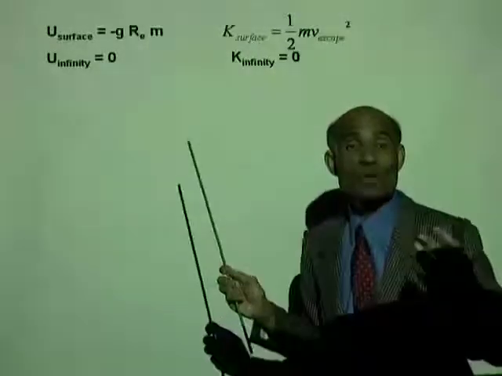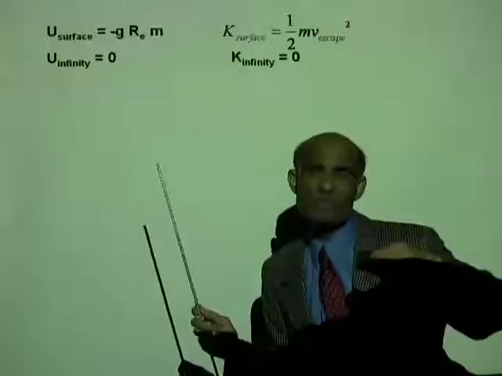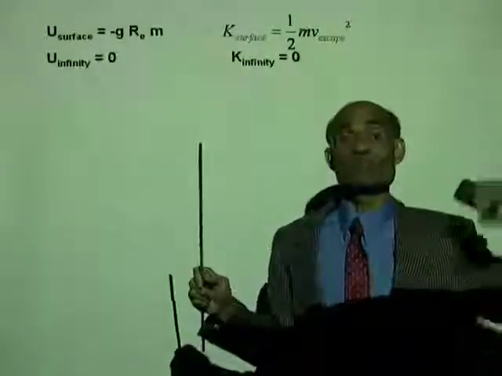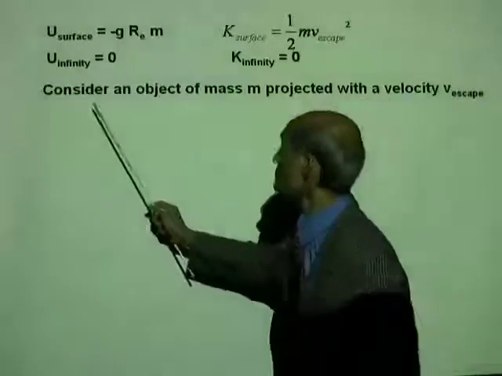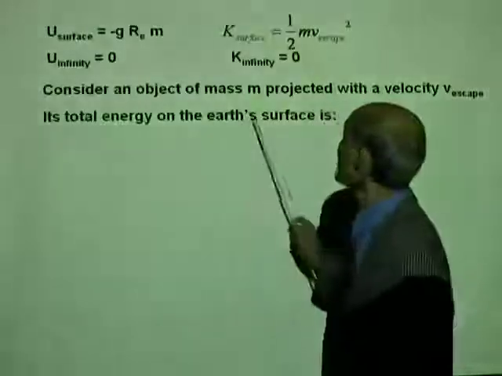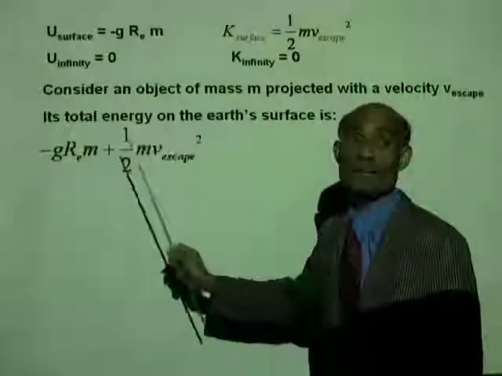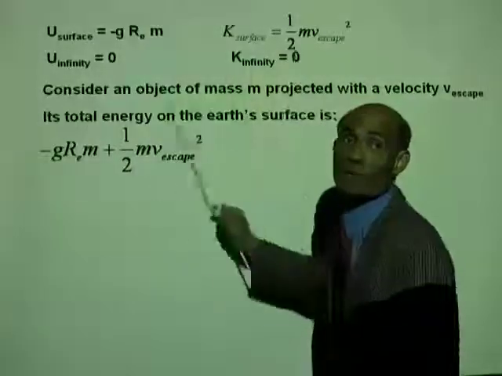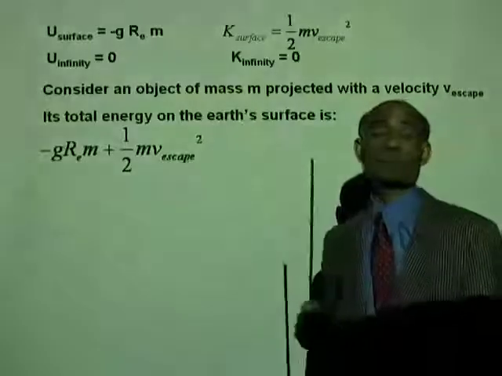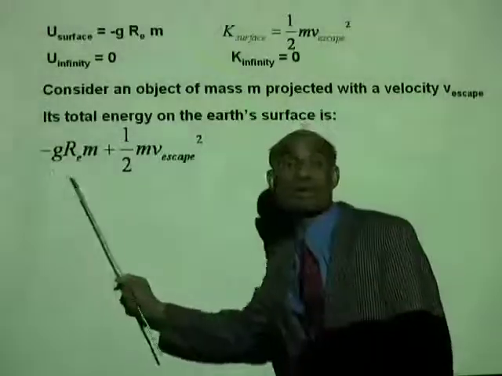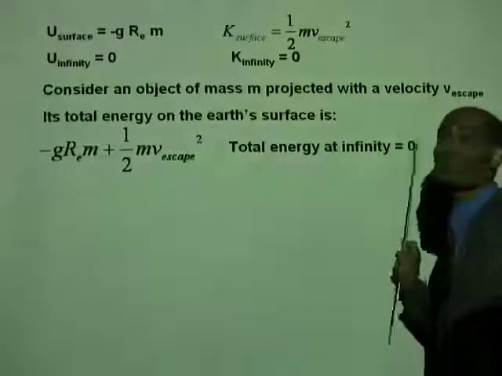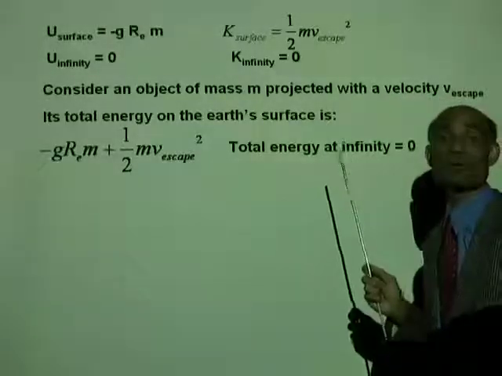Its kinetic energy also will be zero because the velocity is just enough for it to reach infinity. That means its total energy on the surface of the Earth will be -gRₑm + ½mv_escape². This is the total energy on the surface of the Earth. And total energy at infinity equals zero.